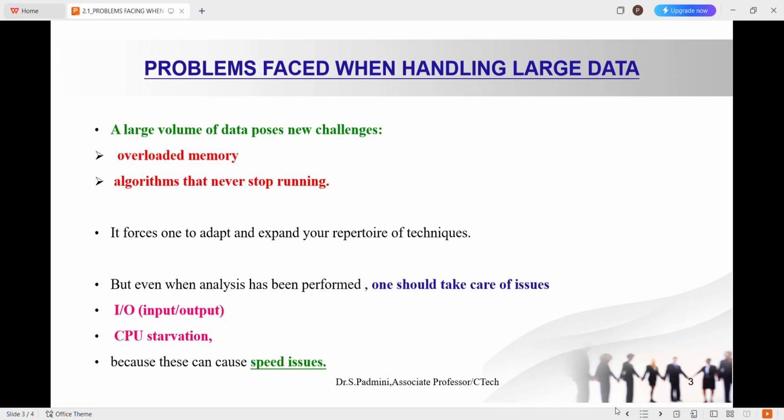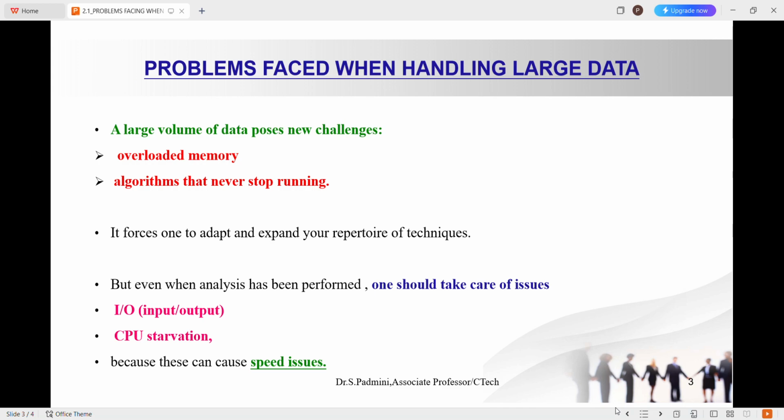When you have a large volume of data, it poses so many challenges. The first and foremost problem is overloaded memory. And sometimes the algorithms will keep on running and never stop.